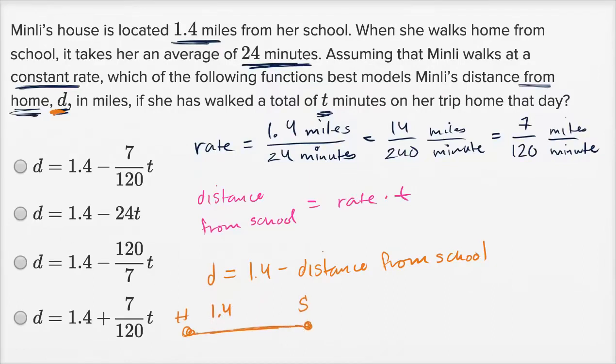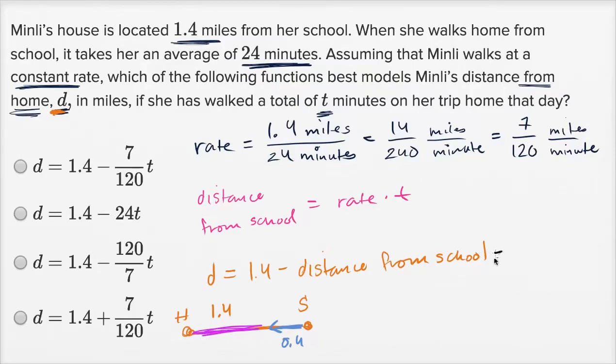Now, if she has walked, say, let me do this in another color, if she has walked 0.4 miles, if this is 0.4 miles right over here, then her distance from home is going to be 1.4 miles minus that. It's going to be this distance right over here. So distance from home is going to be 1.4 minus the distance from school. And what's that going to be?